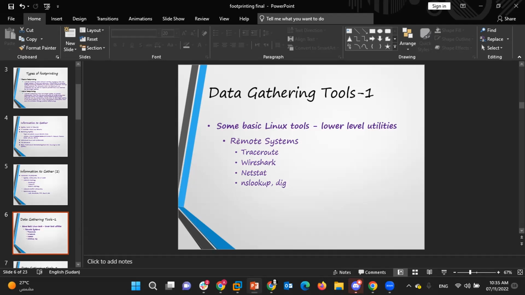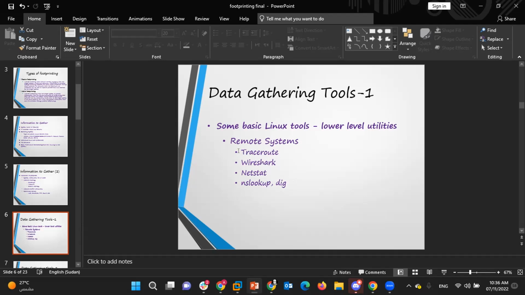Okay, data gathering can be done by several tools. We have many tools to do that. We can do that remotely by traceroute, Wireshark, netstat, and NSLOOKUP or dig.